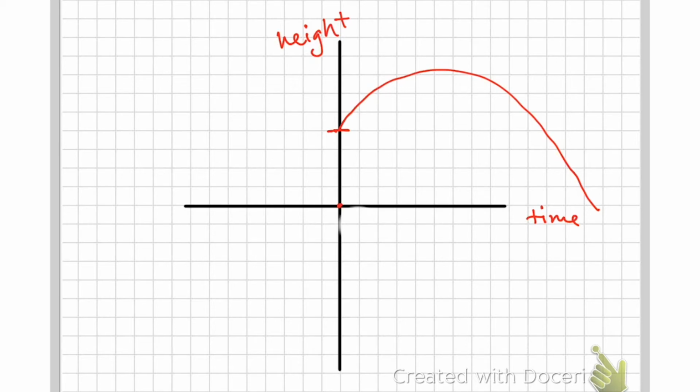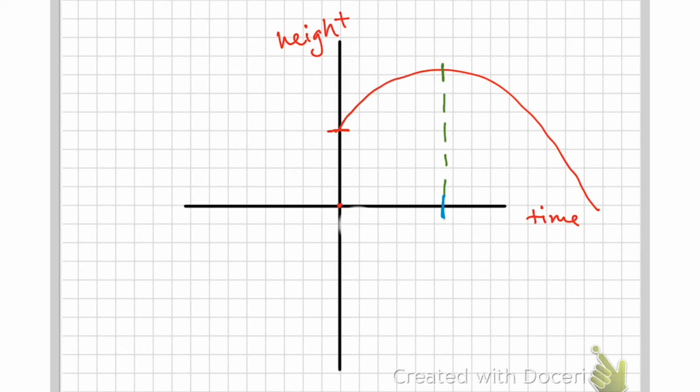The maximum height is going to be where the vertex is. Let's just say it's right here. So I'm looking for the x value of this point here, and in order to do that, I need to figure out the vertex.